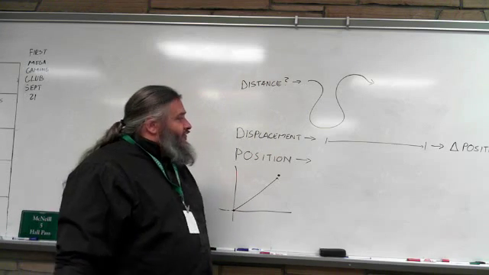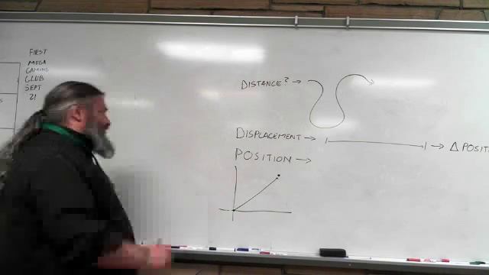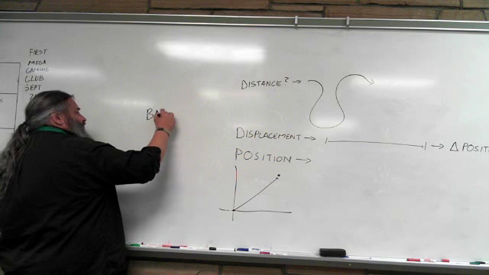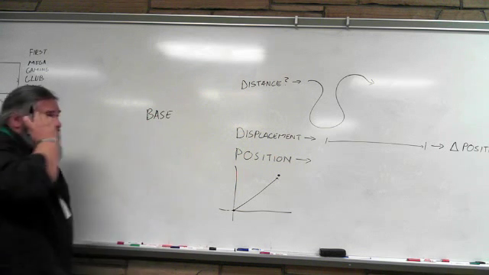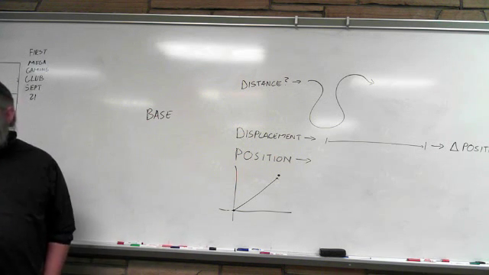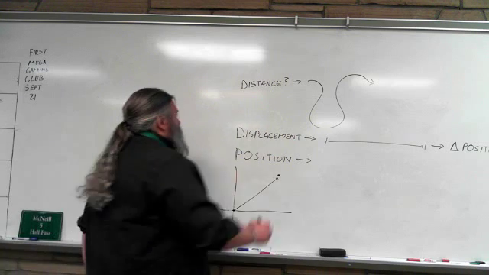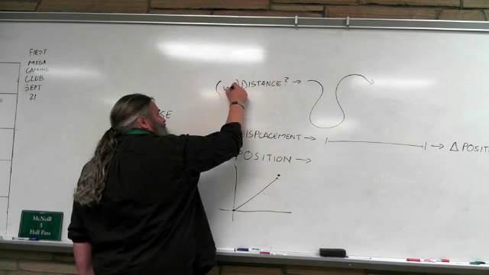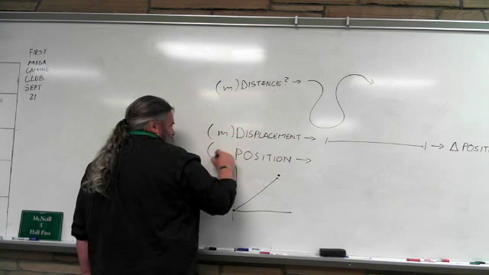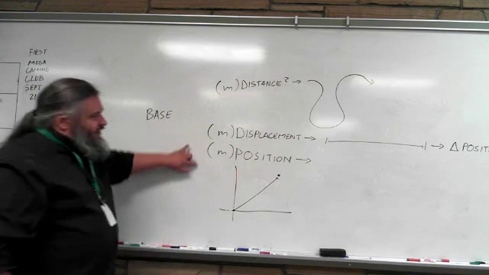Okay. So, referring to our base units, what is the base unit for distance, displacement, and position? It's a meter. So all of these are measured in meters, or kilometers, or whatever it is. But their base unit is a meter.